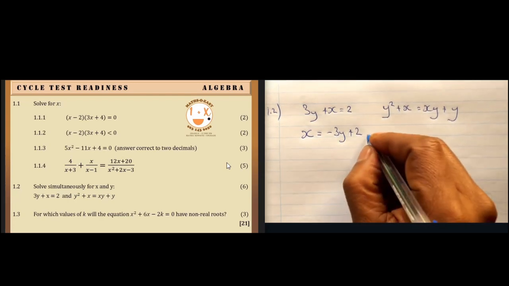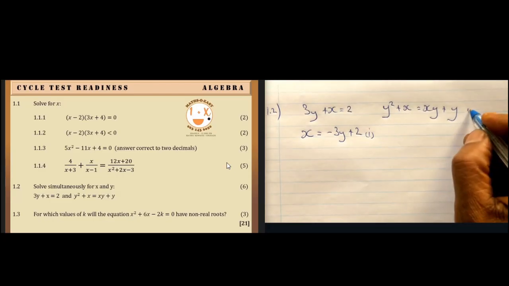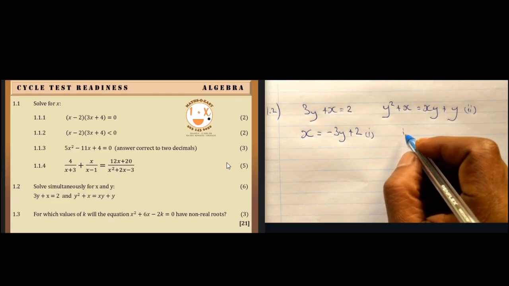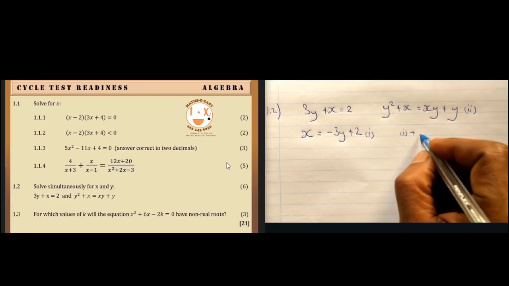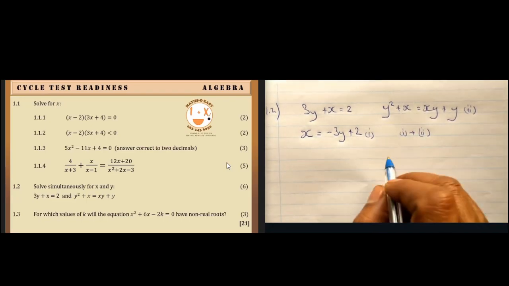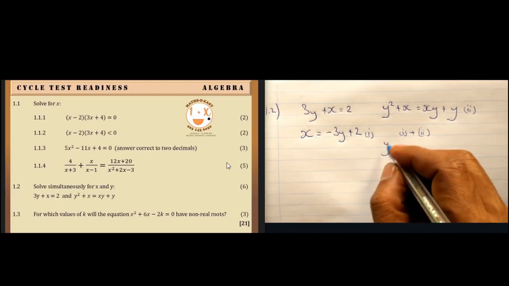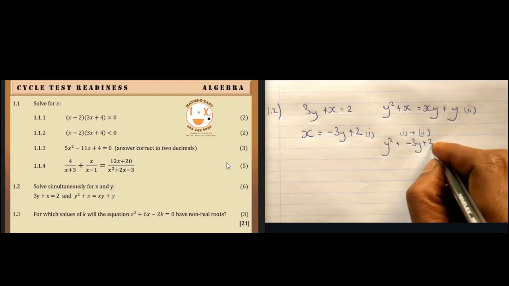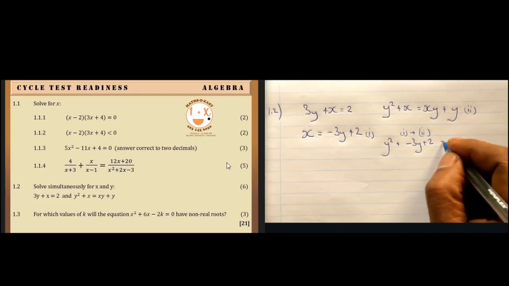Right, so this will be my first equation. So this one will be my second. Then I'm going to do what? I'm going to take the first and then sub into the second. So my y's don't change. My x becomes negative 3y plus 2. Then what do I have?